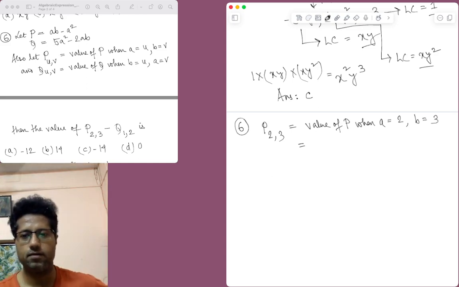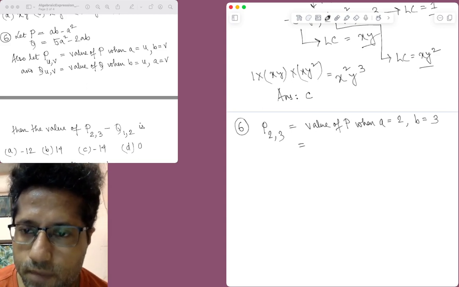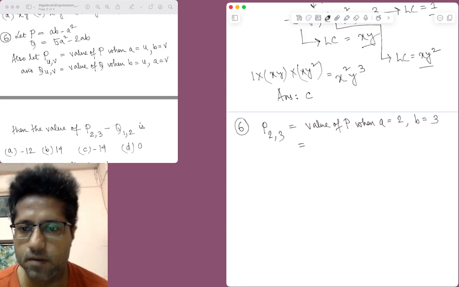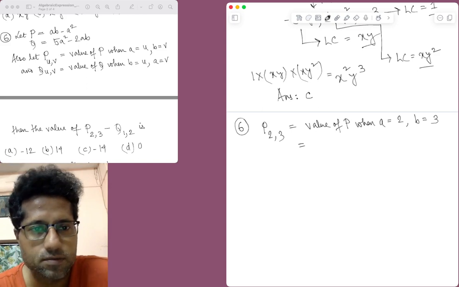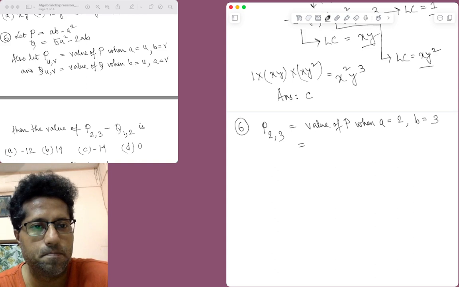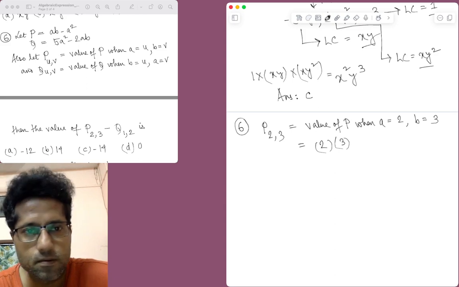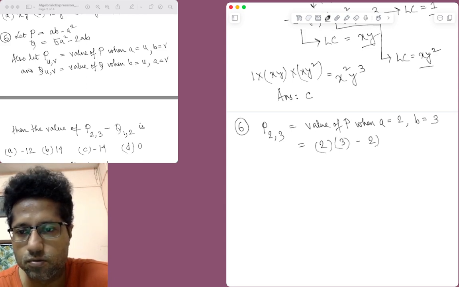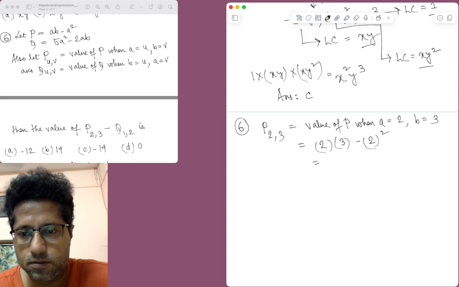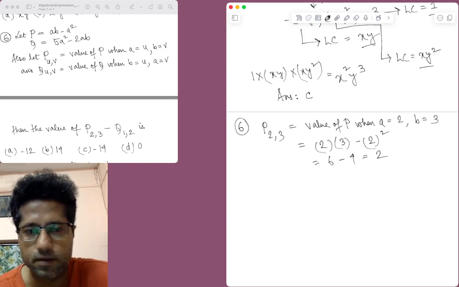Now we substitute the value 2 for a and 3 for b in the expression p. It becomes 2 into 3 minus 2 square. So this is 6 minus 4, this is 2. So we found p(2, 3).